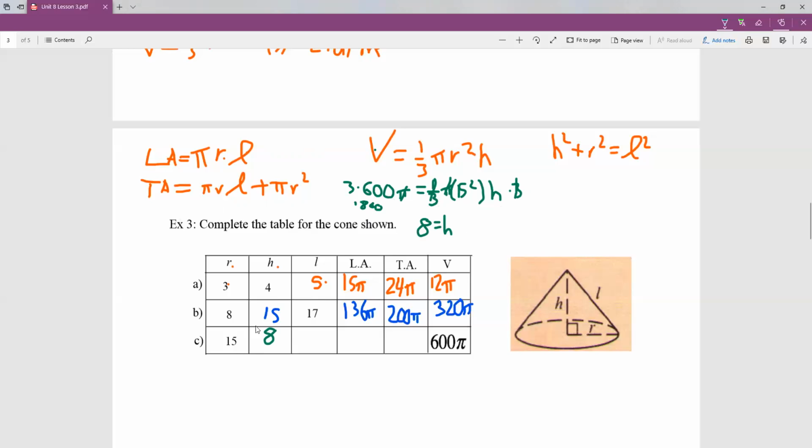Cool. Now that we have the radius and the height, we just need to find the slant height. How do you guys think we should do that? Yeah, we should use the Pythagorean theorem.